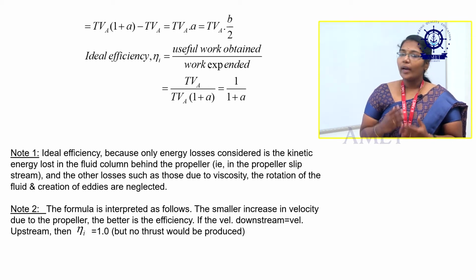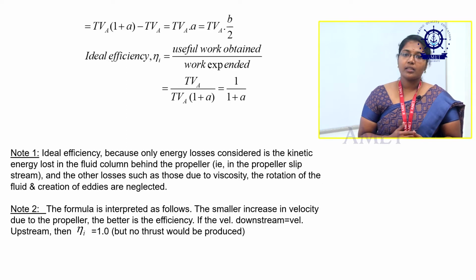We get this ideal efficiency because we are considering only the frictional losses when the water flows onto the propeller. There are other losses, like eddy losses and losses due to viscous force, which we are not considering.